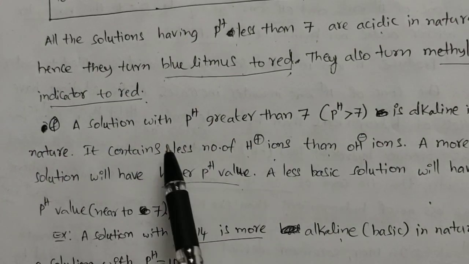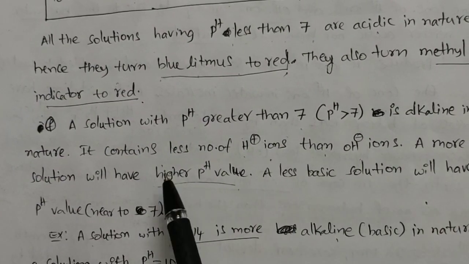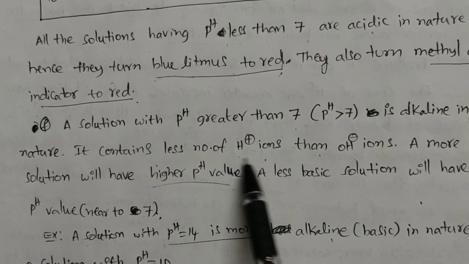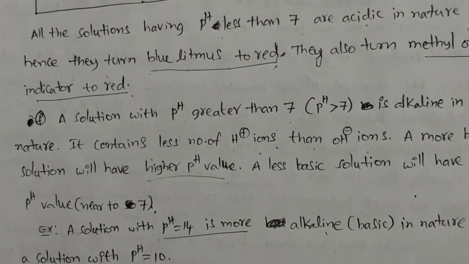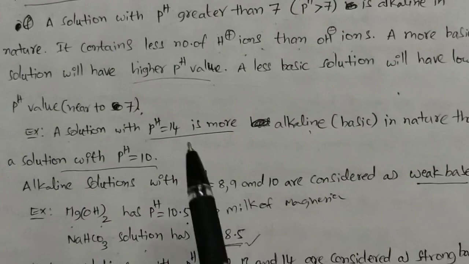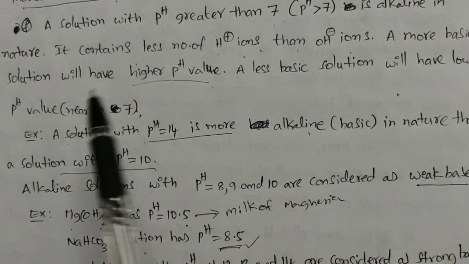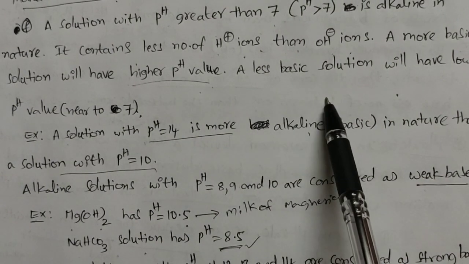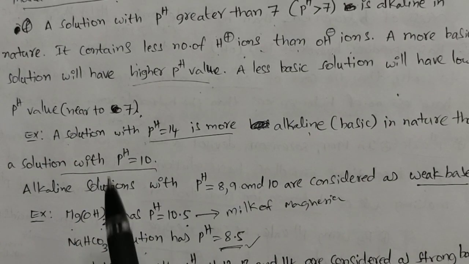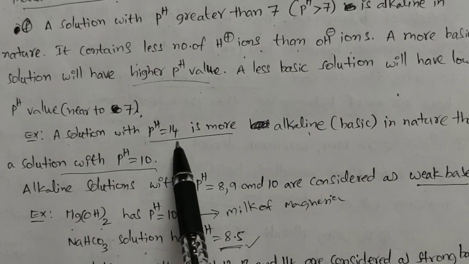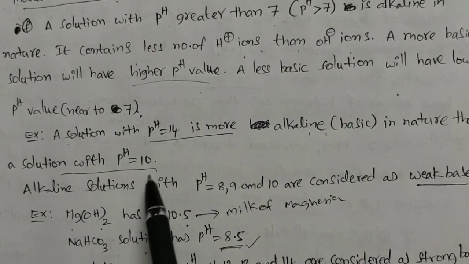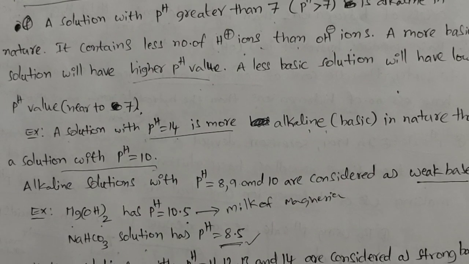And solutions having pH greater than 7 are called bases. They contain fewer H plus ions than OH minus ions, right? So a more basic solution has a high pH value, a less basic solution has a low pH value. A solution having pH 14 is more basic than a solution of pH 10.